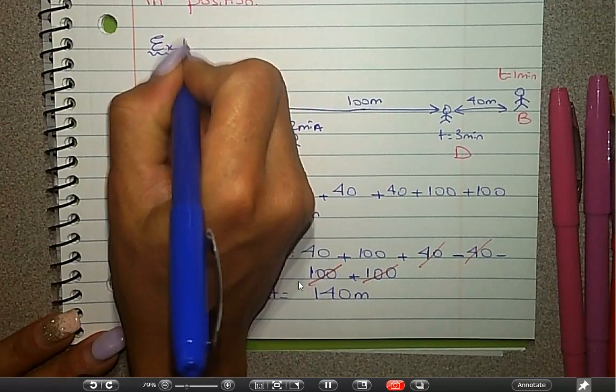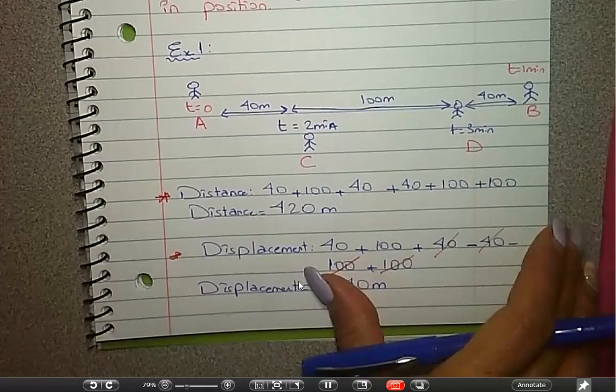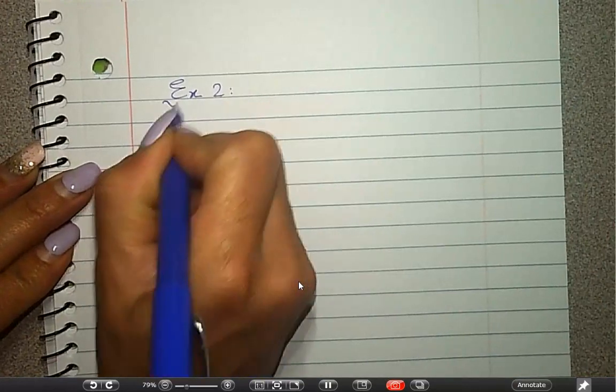So that was example 1 here. All right, I'm going to give you another example. So let's do example 2.